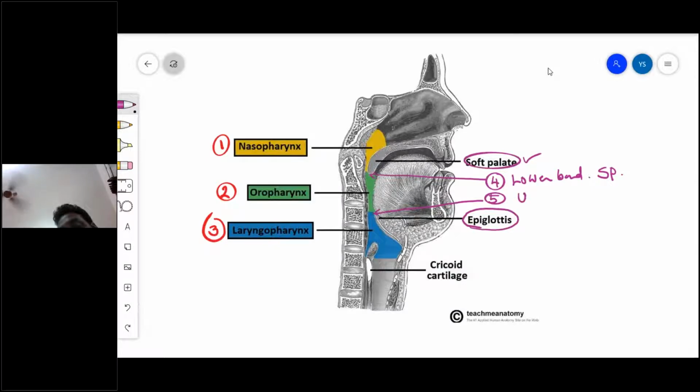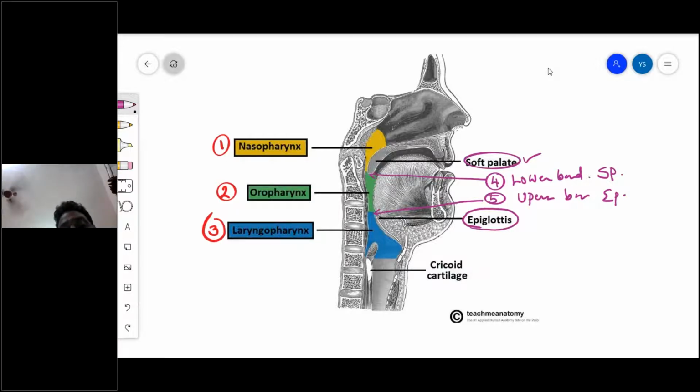That one is called the upper border of the epiglottis. Here I told you two points, 4 and 5. Based on these two, we can locate the boundaries of the three parts of the interior of the pharynx.